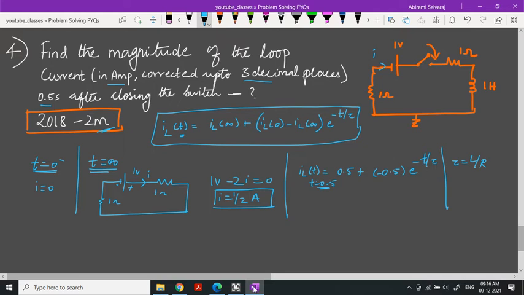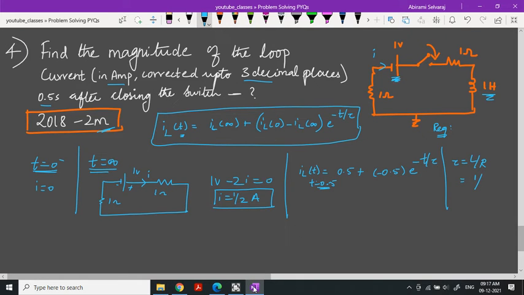For L, we know the equivalent inductance is 1 henry. To find R equivalent, we open the inductor, short the voltage sources if there are any, and open the current sources if there are any.